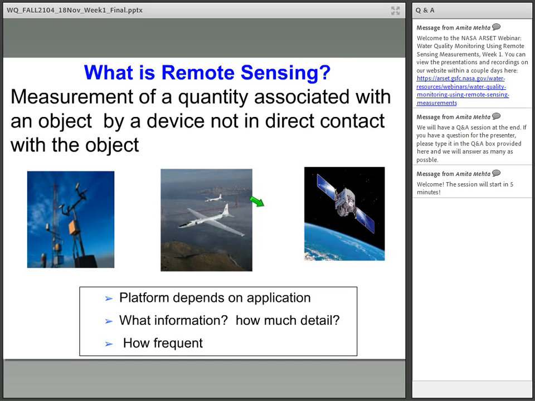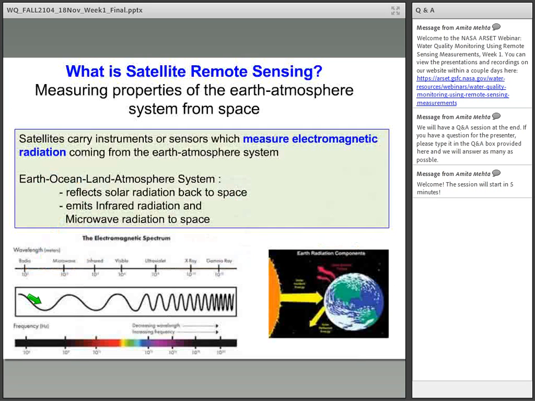And finally, satellites fly in space and provide near global coverage in most cases. So what one needs to know is which platform to use, what information to use, how much detail one needs, how frequently observations have to be made. These factors decide which source of data or remote sensing platform to use.